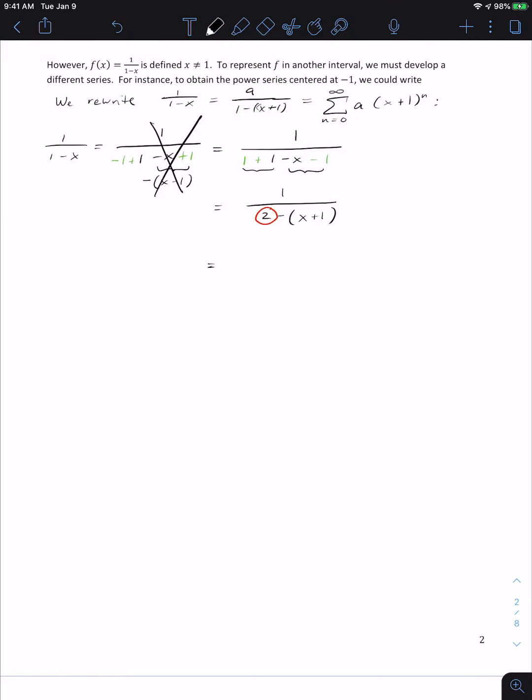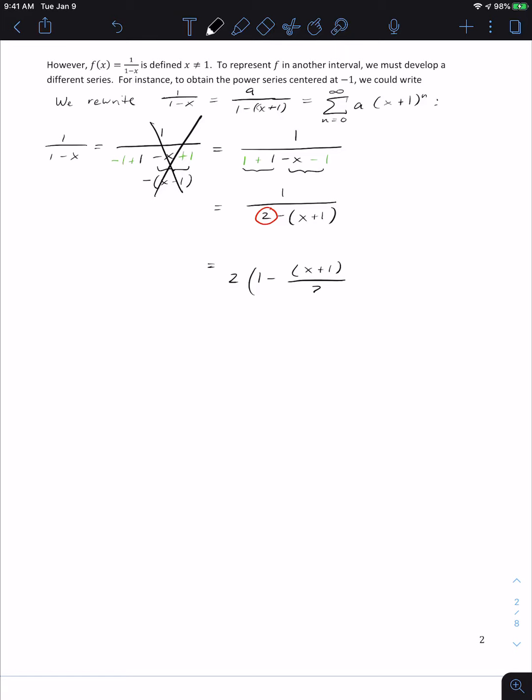I can factor out a 2 out of the denominator, right? If I factor out a 2 out of the denominator, I'm left with 1 minus, and then it's going to have to be a bigger parenthesis, because what do I multiply here?